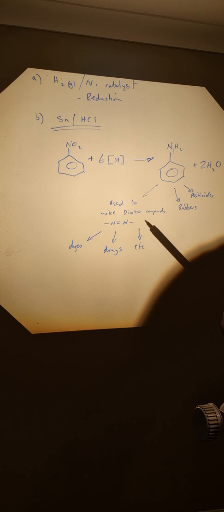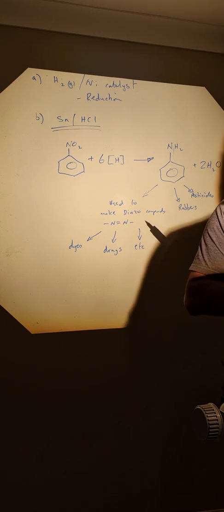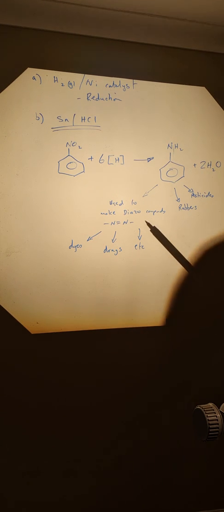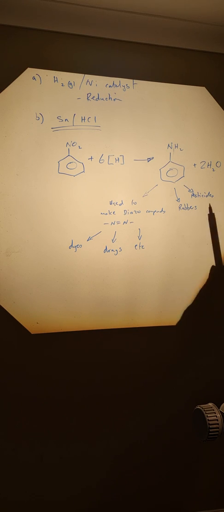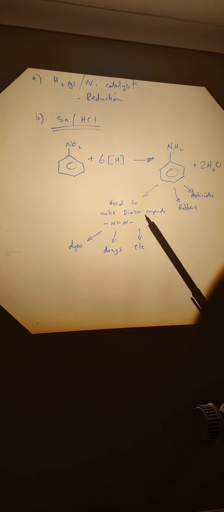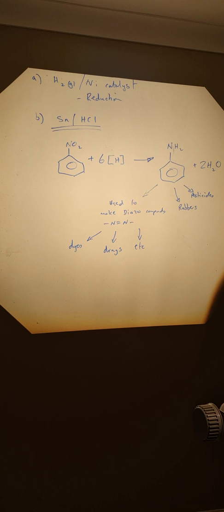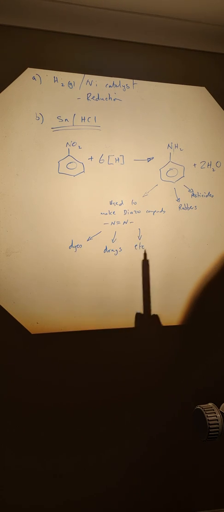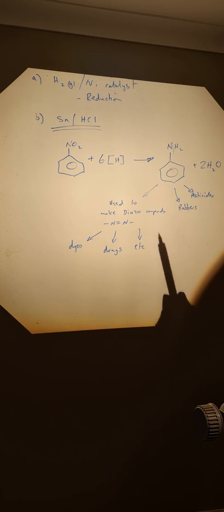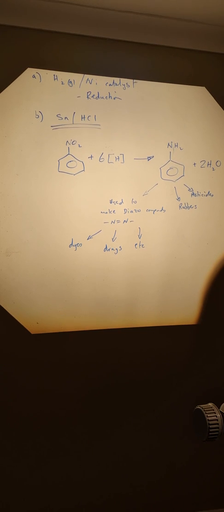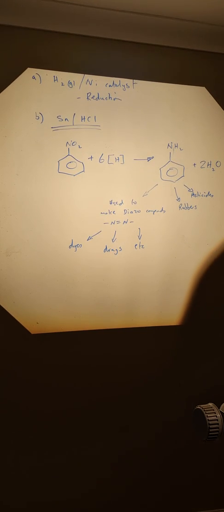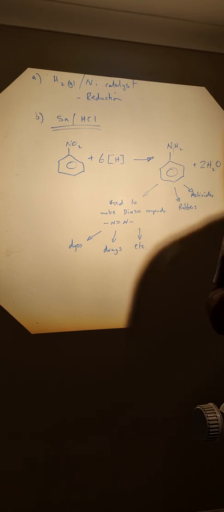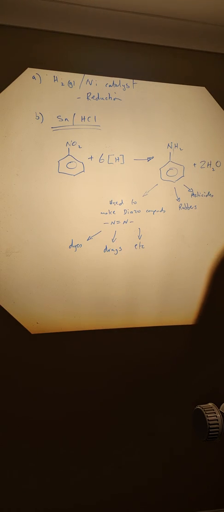I think this diazo compound manufacture is much more useful than rubbers and pesticides. I mean, clearly rubbers and pesticides are important in our world, but I think that this variety that you get from diazo compounds is, in my opinion at least, even more important. So there you have the uses of nitro compounds.